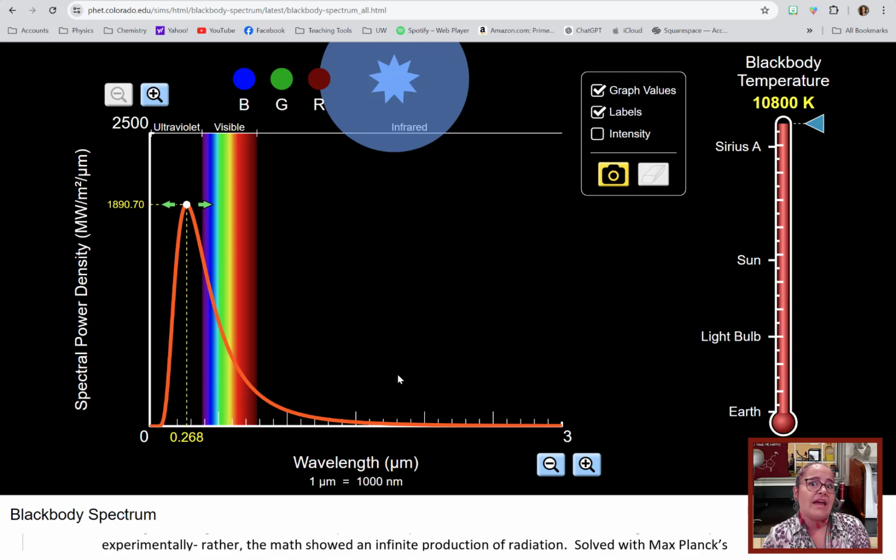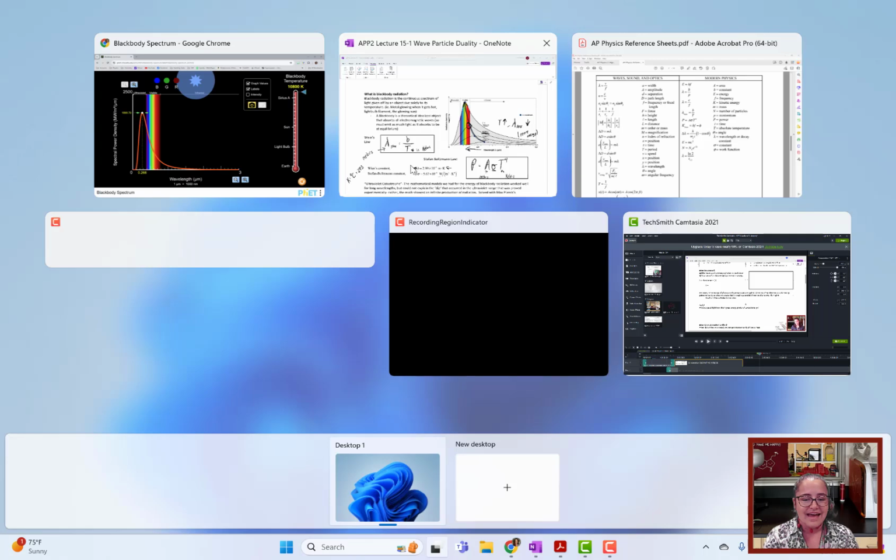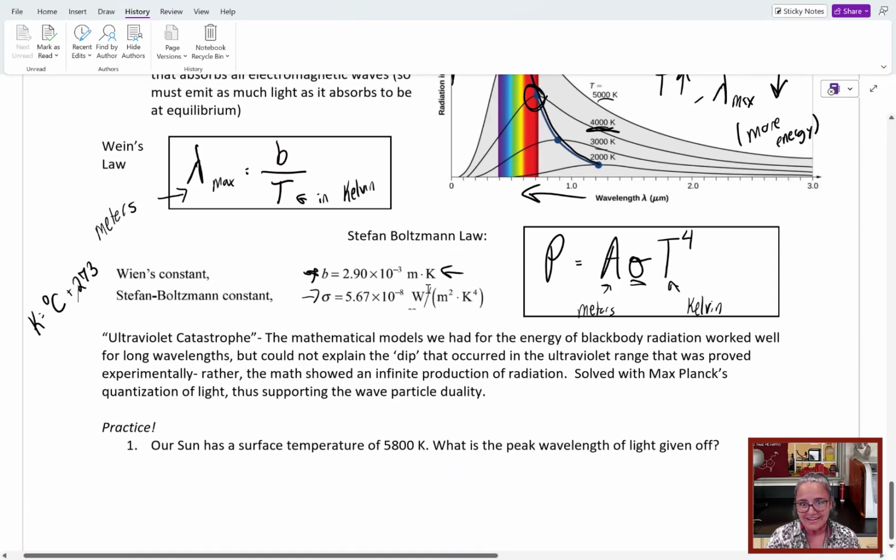Now, in a wave model of light and of these blackbodies, we would expect an exponential increase of energy as we got hotter and hotter and hotter. But that's not what we see. We always see this dip, and that dip was called the ultraviolet catastrophe because the math just didn't explain it right.